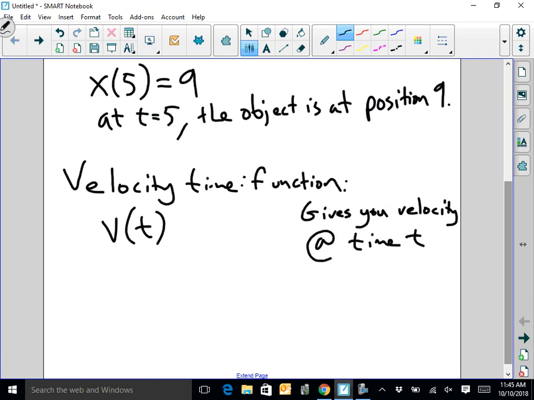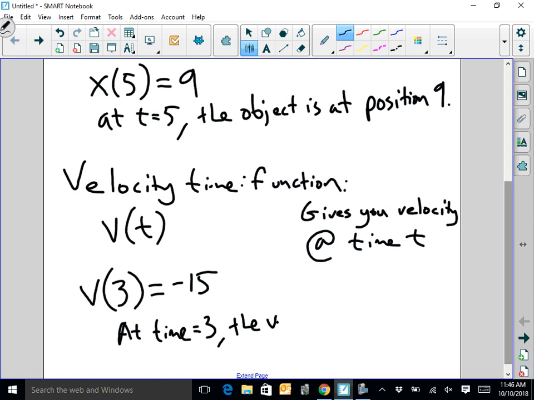Okay, so if I say v of 3 equals -15, this would read: at time t equals 3, the velocity is -15.